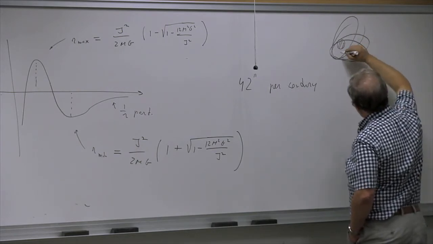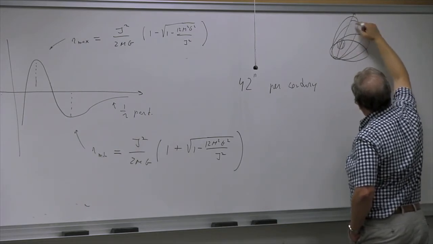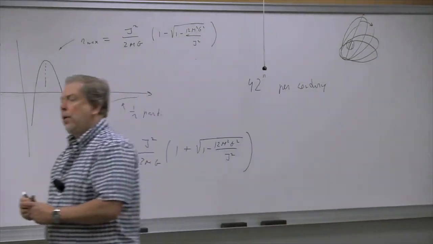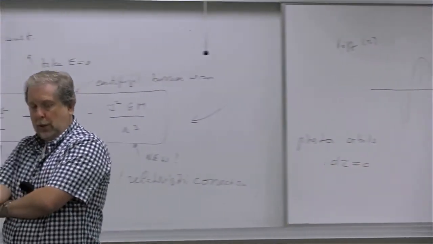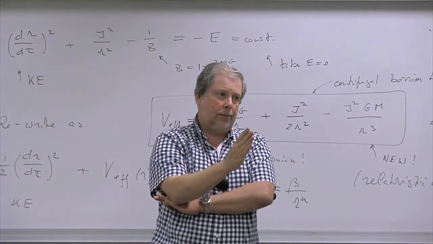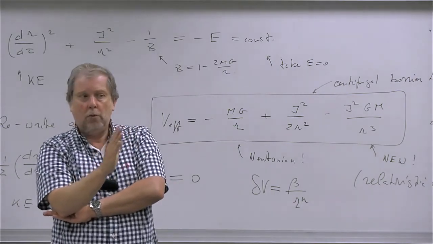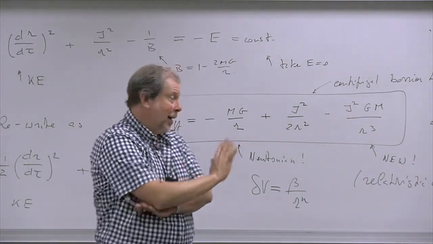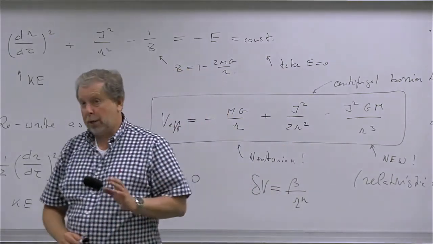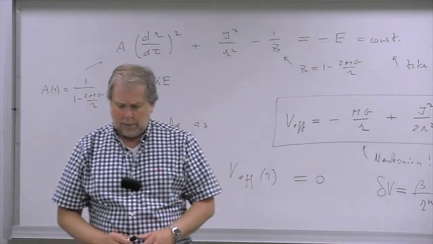The precession of perihelion of Mercury has to do with the movement of this axis, which is aligned with the direction of the ellipse. That axis moves by 42 arc seconds per century. It's a very small movement, but nevertheless it is there, and it is completely explained by this correction. So the relativistic correction gives 42, which was the number that had been measured and known before.